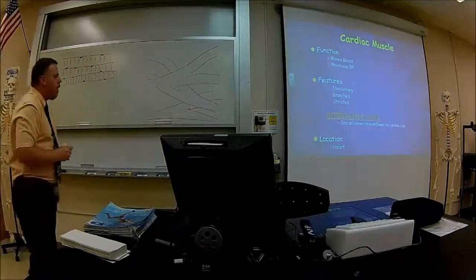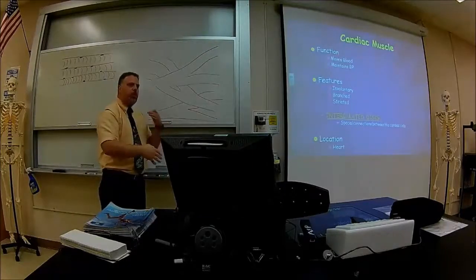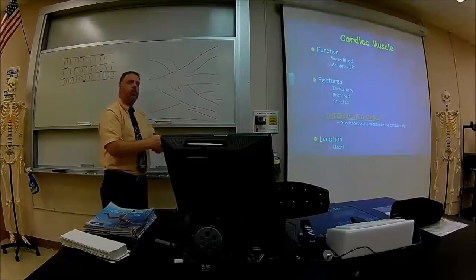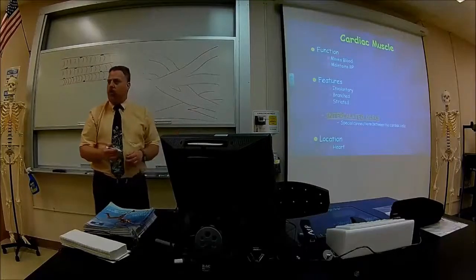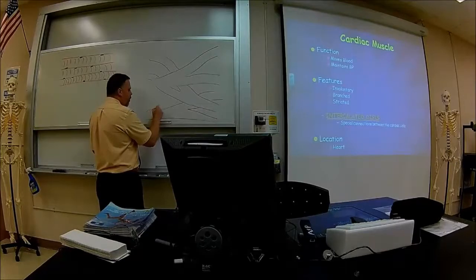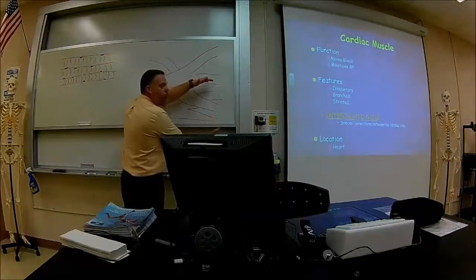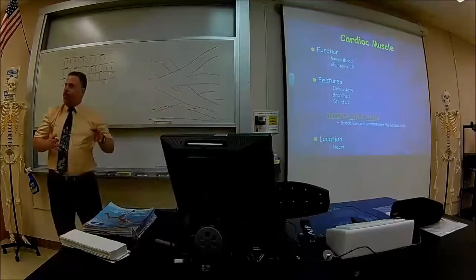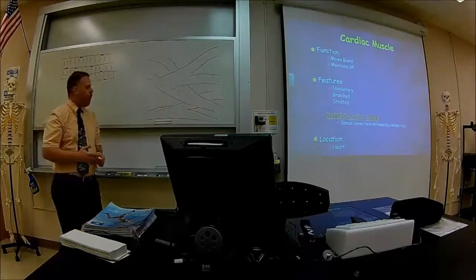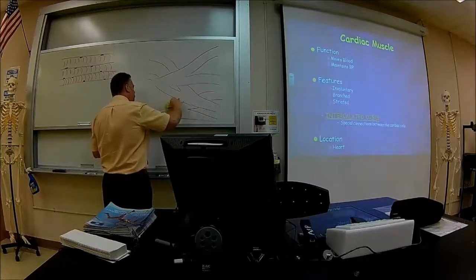Okay? But the branching actually makes the action potential, electricity, be able to spread a lot faster. Okay? Because we have an action potential or an electricity that kind of goes this way, and then it can go two routes at the same rate. Okay? We want to do that when it comes to the heart. So you'll learn more about that later on.